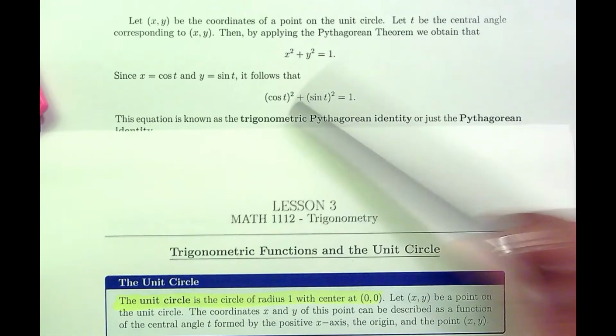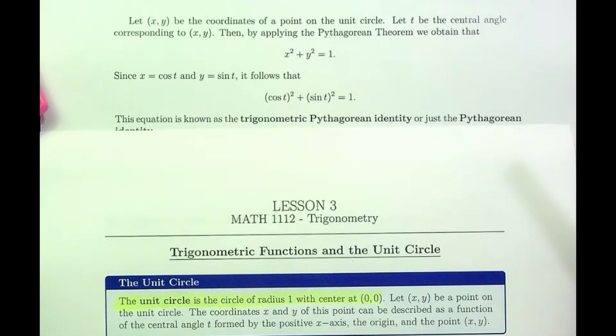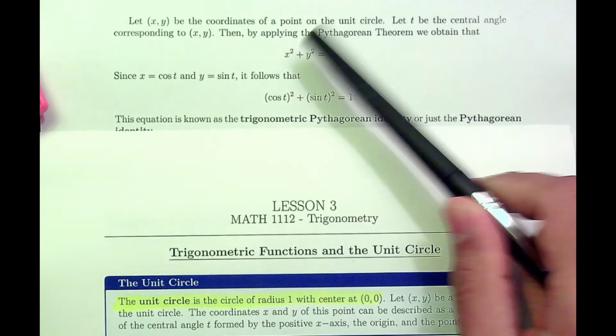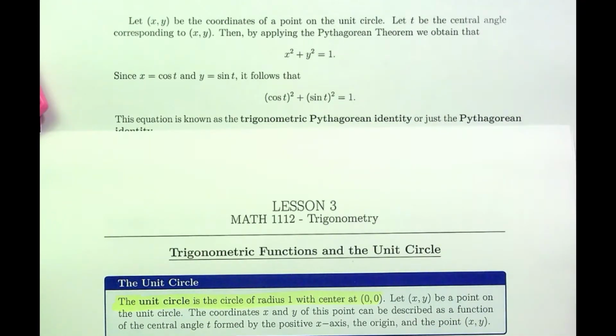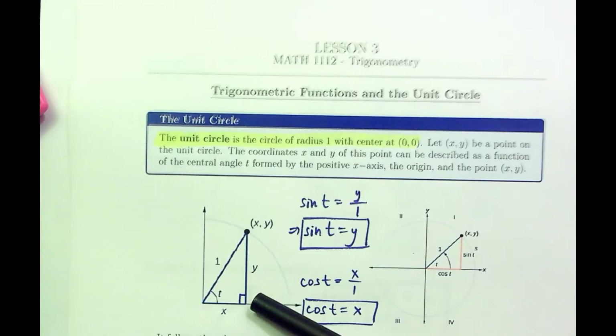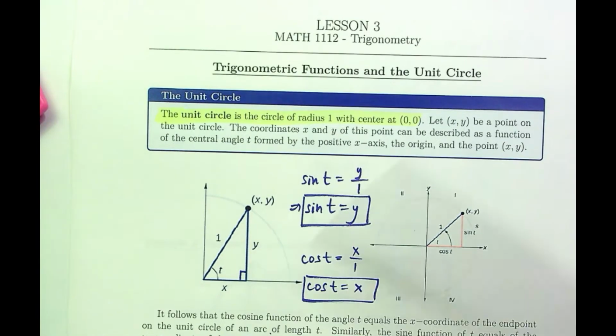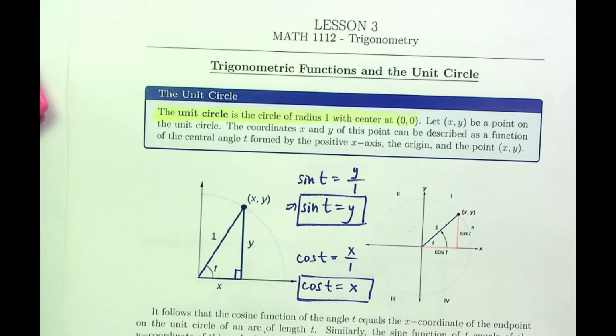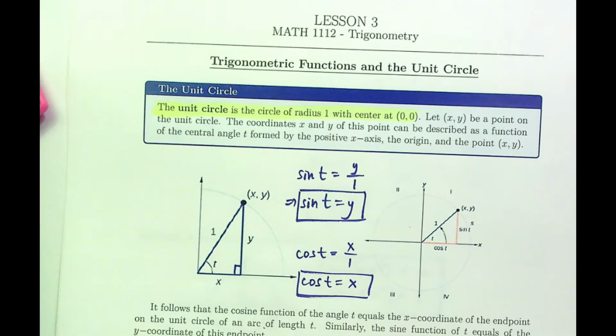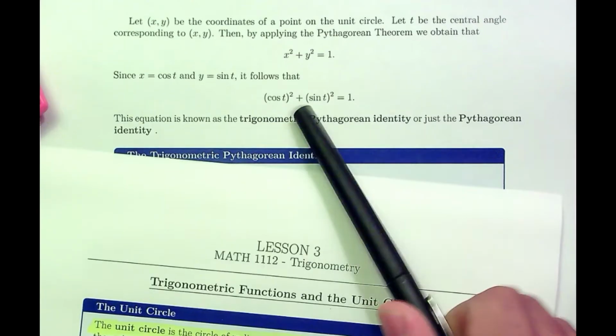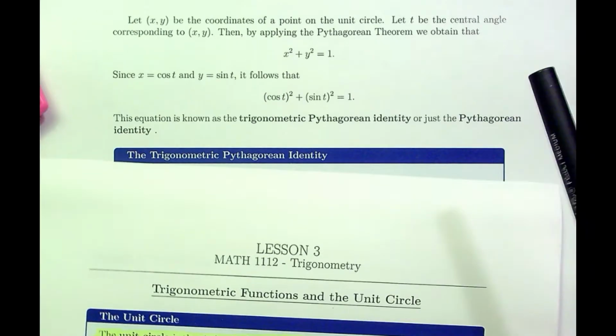And this equation is known as a trigonometric Pythagorean identity. It came directly from applying the Pythagorean theorem to our picture, and we replaced the regular x and y, which are the lengths of the sides, with the corresponding expression using trigonometric functions, and we got a trigonometric version of the Pythagorean identity.